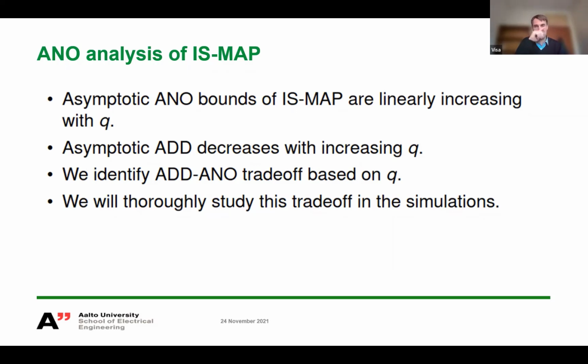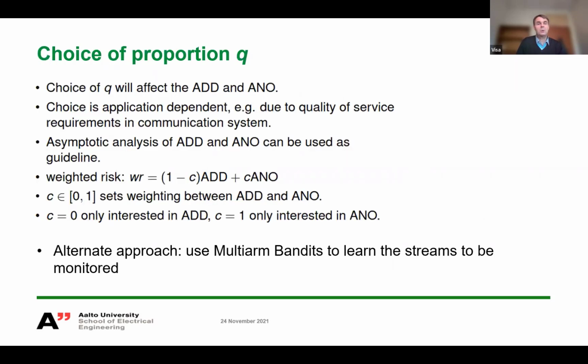So how to design this Q such that you could do both really well? You can, of course, come up with a weighted risk that weights how much you are willing to suffer in the detection delay and how much less data efficient you are. And then based on that risk, you could come up with a procedure that performs this trade-off.